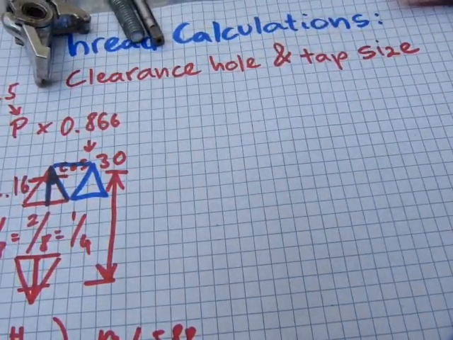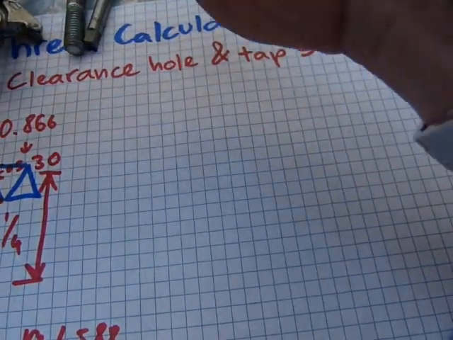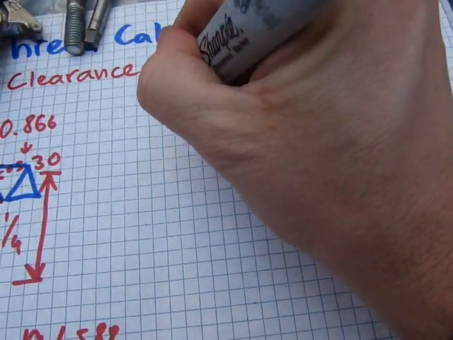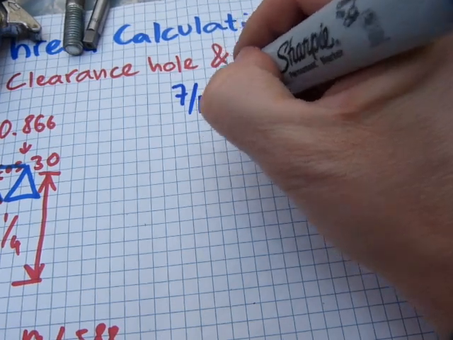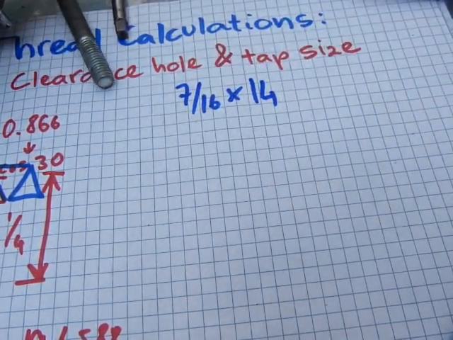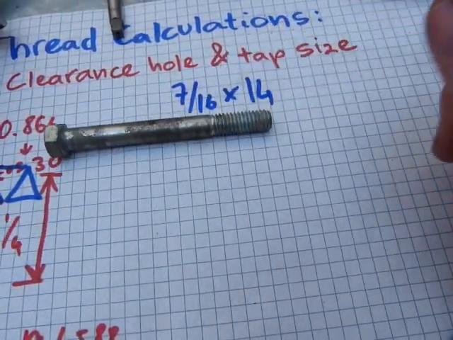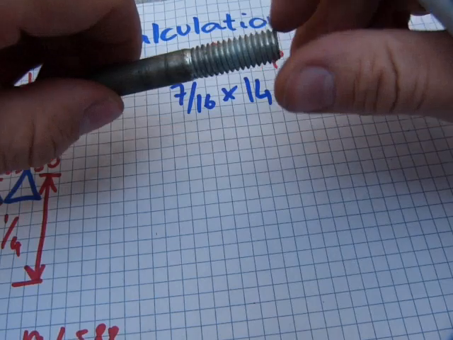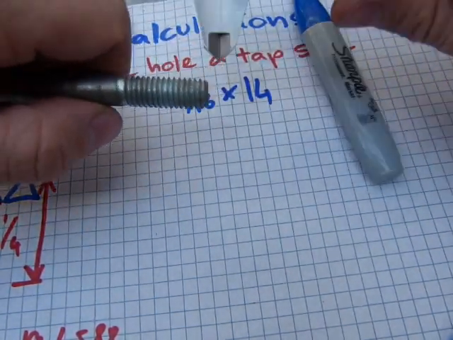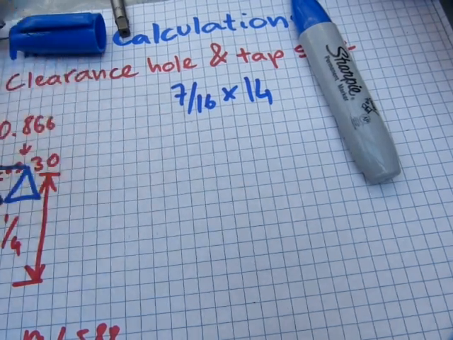Alright, let's do some math here real fast. Let's work with this. So this is 7/16 by 14. That's the size of this thread on this bolt. Now that 14 is not pitch like we had on the metric. This is nominal diameter.